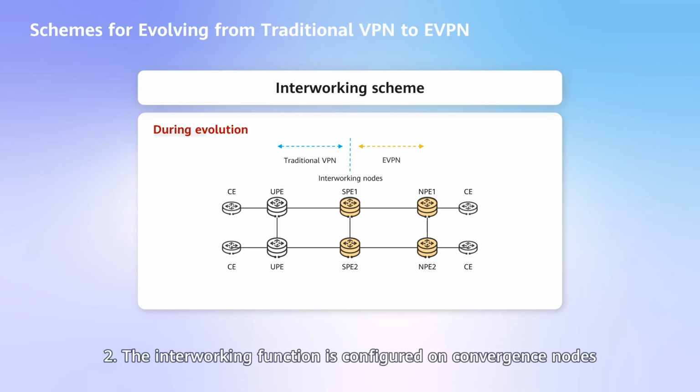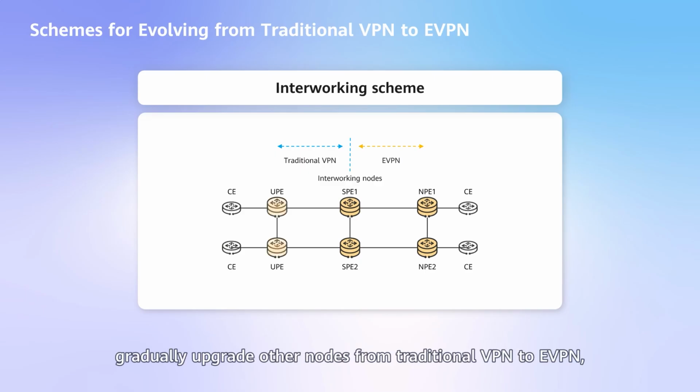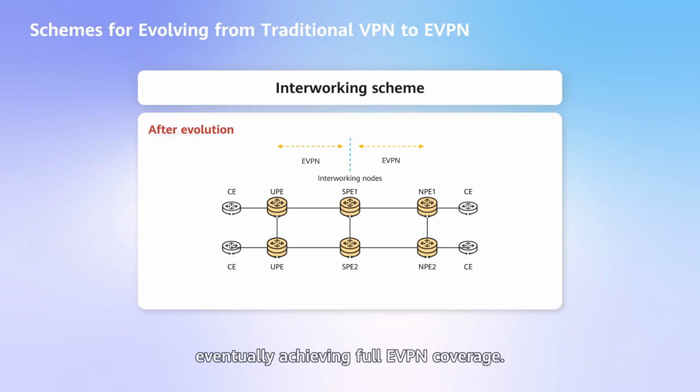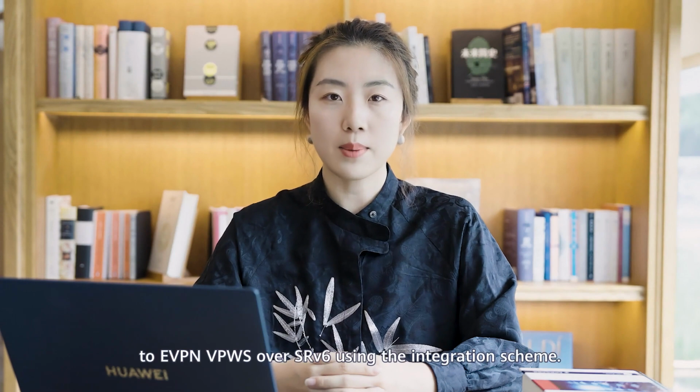Second, the interworking function is configured on convergence nodes to enable interworking between EVPN and traditional VPN. Third, as the network and customer services evolve, gradually upgrade other nodes from traditional VPN to EVPN, eventually achieving full EVPN coverage.